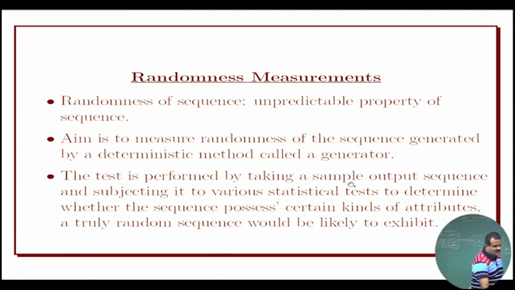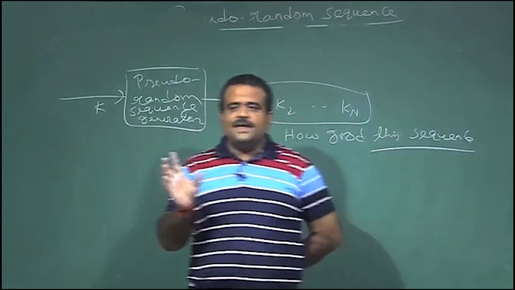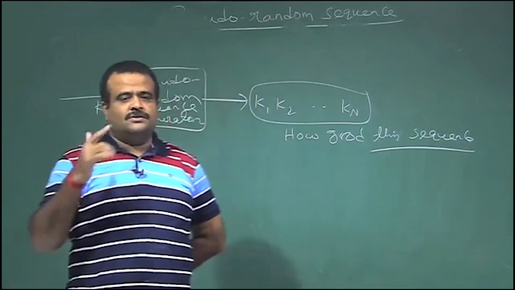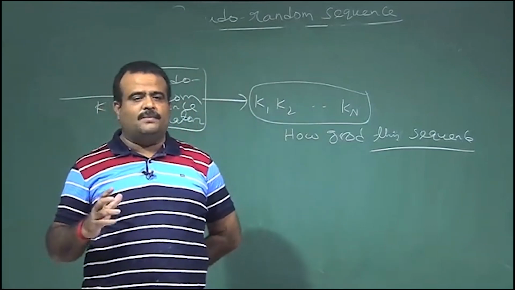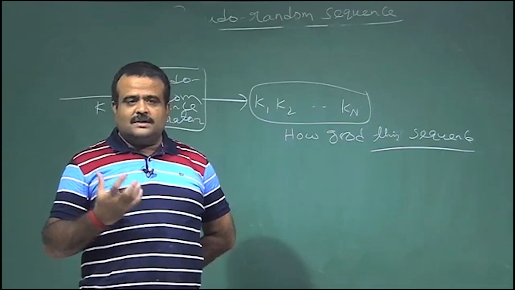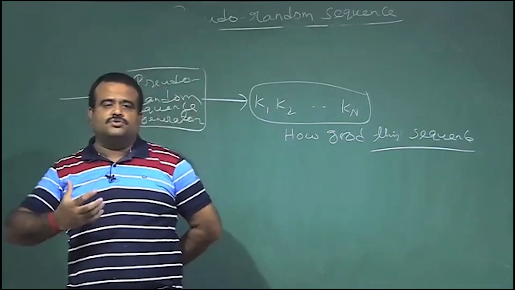Randomness means the unpredictable property of the sequence. Our aim is to measure the randomness of a sequence generated by a deterministic method, which is called a pseudo random bit generator. So, we need to perform some tests by taking a sample output of the sequence. Basically, we take a period of the sequence and then we run those tests. Those are the necessary properties a truly random sequence should have.